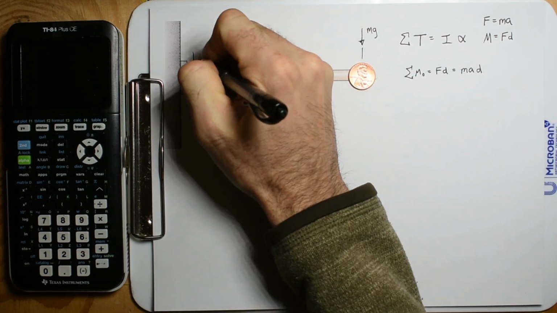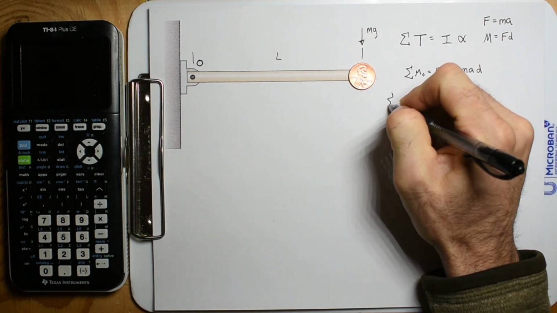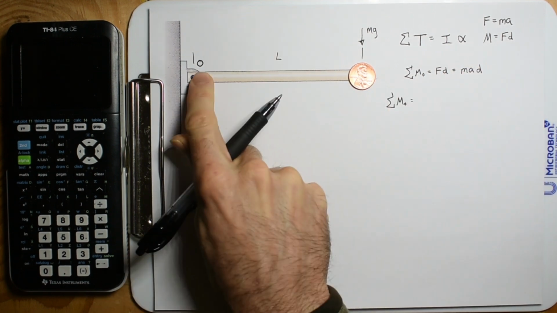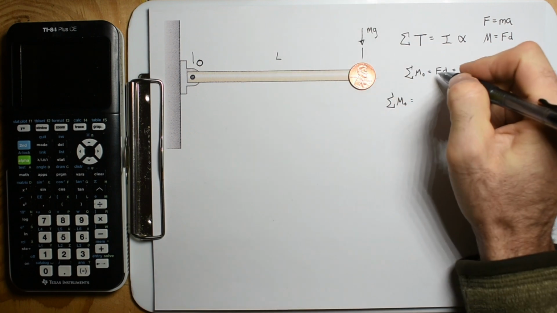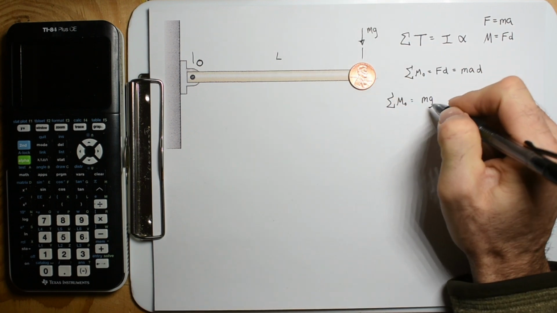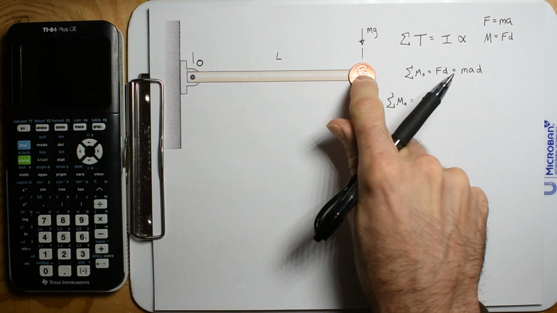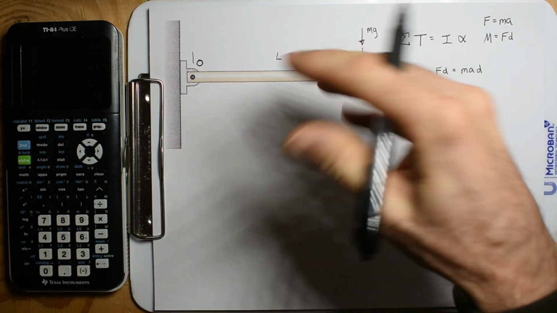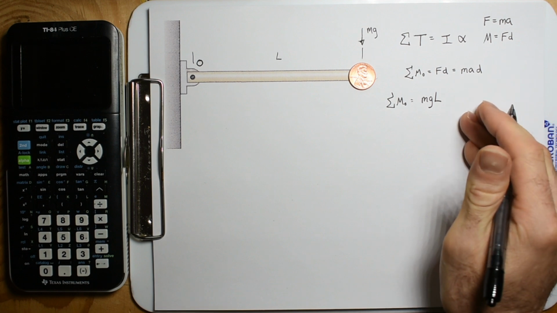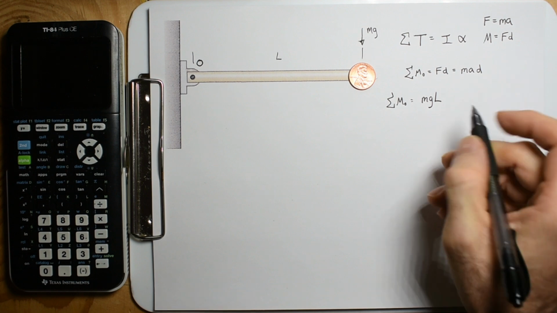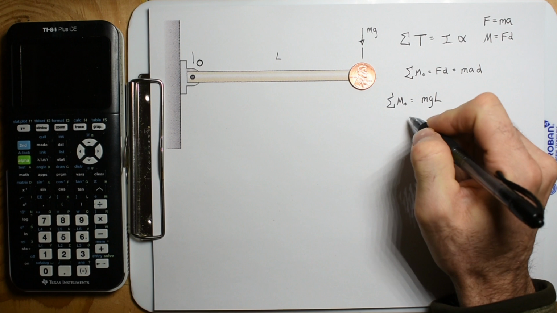So we're going to sum the moments about point O, and we see that we have a force that's a length L away. So our force is going to be mg, and the distance to that force generating that moment is L. Oh, I kind of have this equation written wrong.